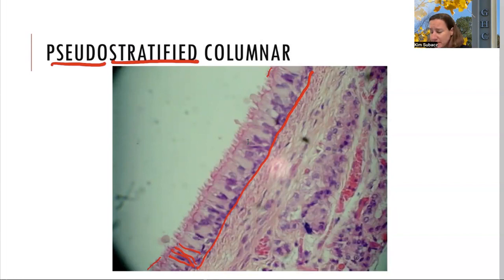This is our trachea lining right here. All of this stuff is pseudostratified columnar cells. So we've got mucous membranes and goblet cells producing mucus. The mucus gets sticky and captures the dust particles and things that we're inhaling into our lungs.